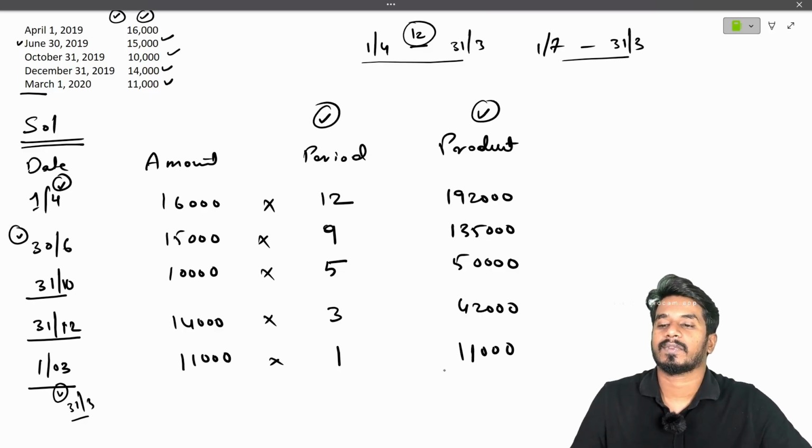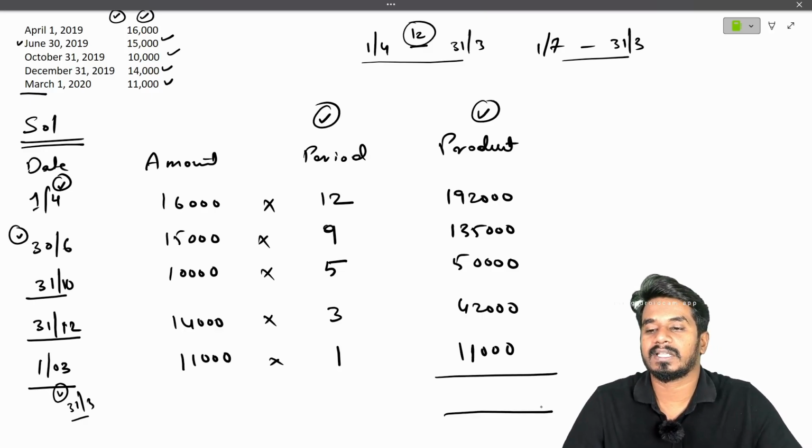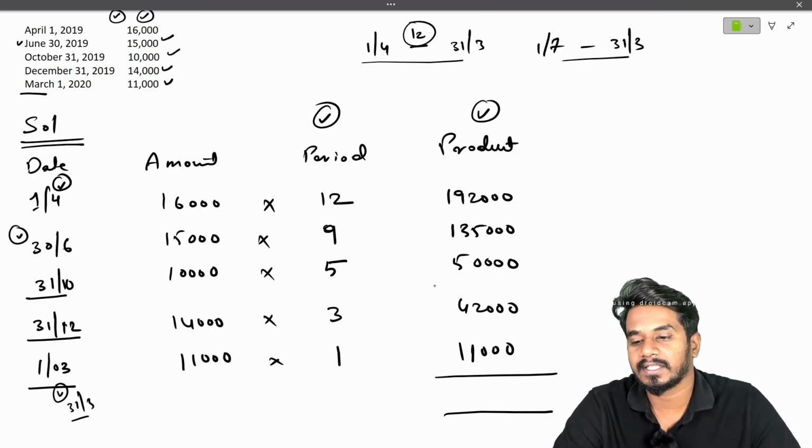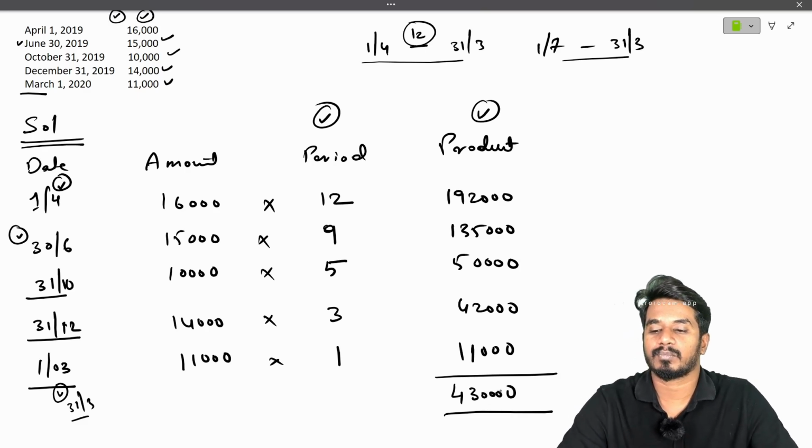So we got the products. Total the product: 1,92,000 plus 1,35,000 plus 50,000 plus 42,000 plus 11,000. So 4,30,000 is the total product.